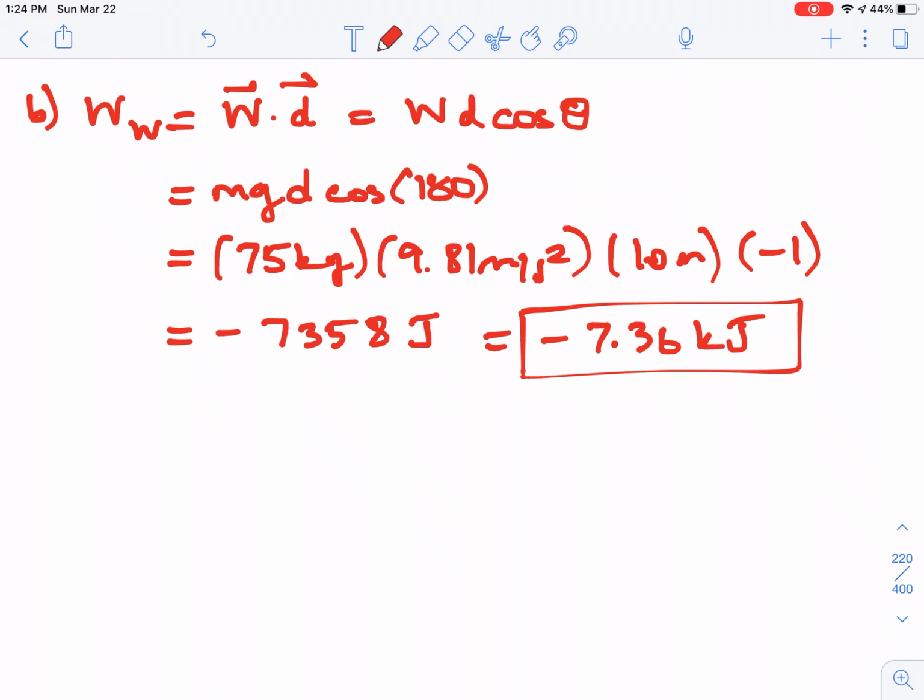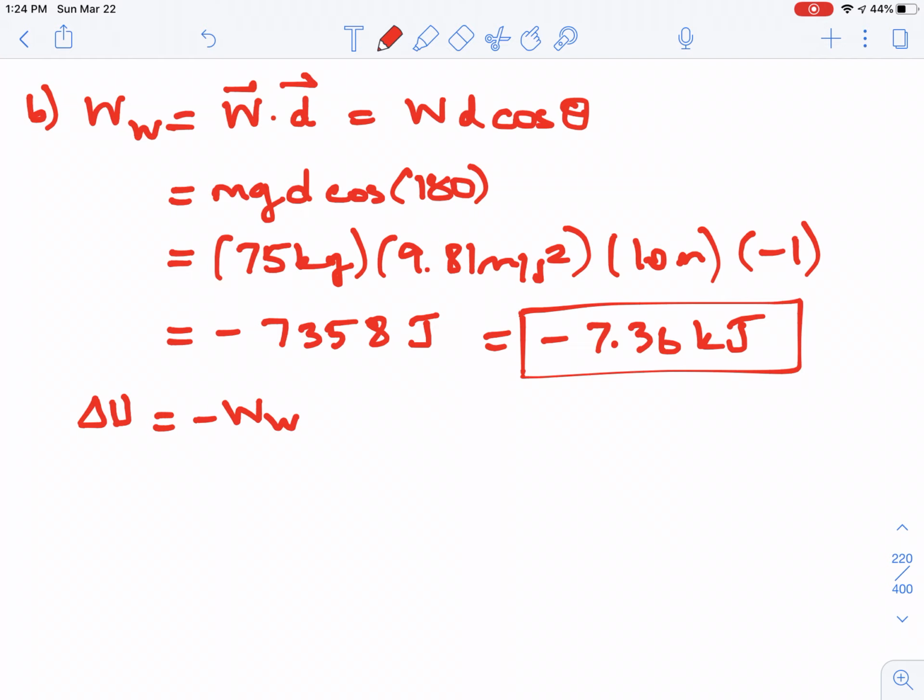They mean the same thing, but they will have different signs because you're putting it on either the left side or the right side of the equation. So what I'm trying to say is delta U is the negative of the work done by the weight force.